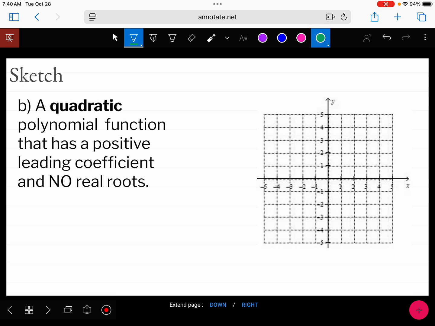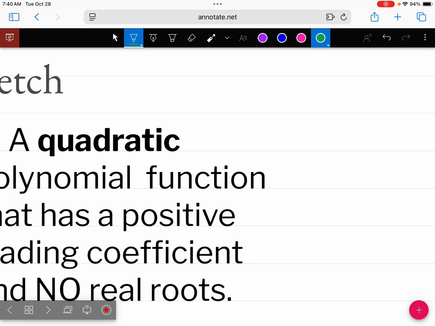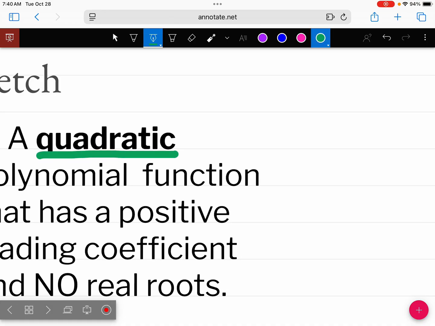All right, so B here, we're looking at a quadratic polynomial with a positive leading coefficient and no real roots. So quadratic, we've seen that before. What is a quadratic again? That's when we have our x squareds.